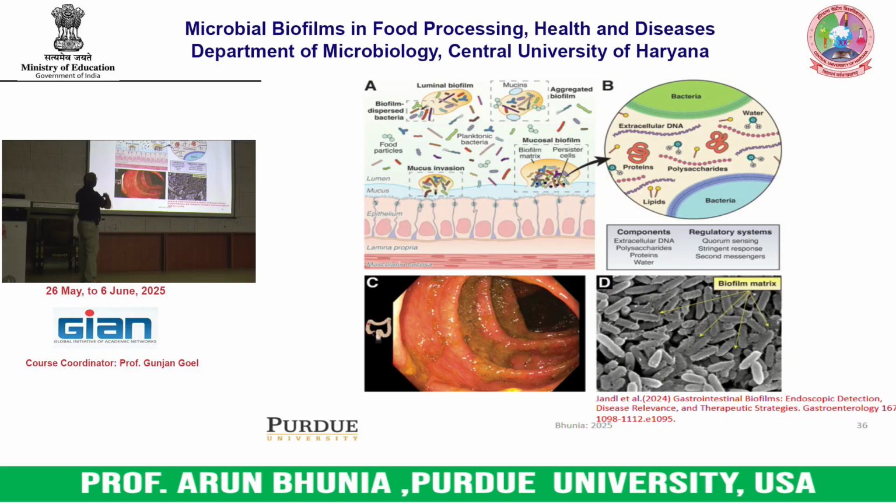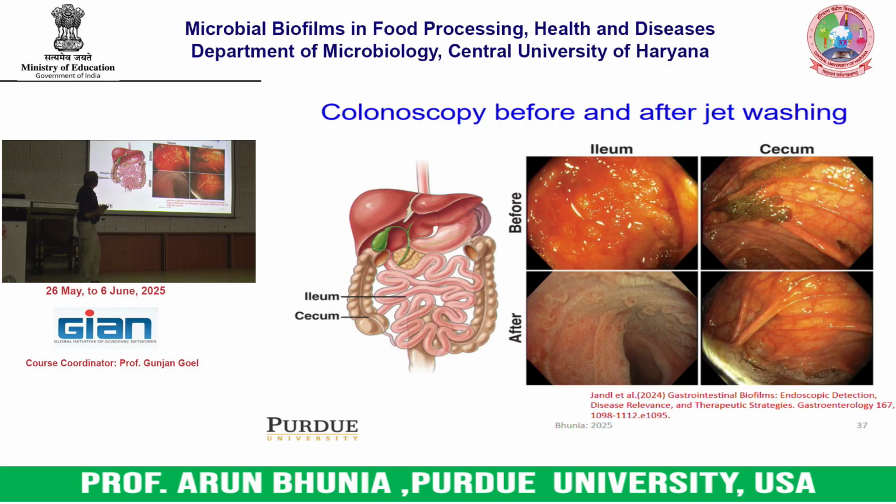So here, this one is just showing this community, these organisms and how they are maintained, and these are the biofilm matrix and the bacterial cells inside. This is an actual colonoscopy picture, okay, of how the biofilm works. But in the disease conditions, these are actually very new studies. Here they are looking at colonoscopy before and after jet washing. Before, you can see how red it is, in the ileum, and this is in the cecum.